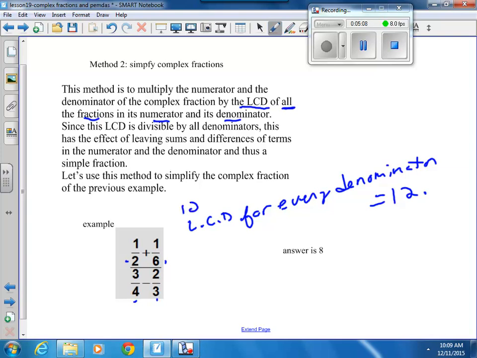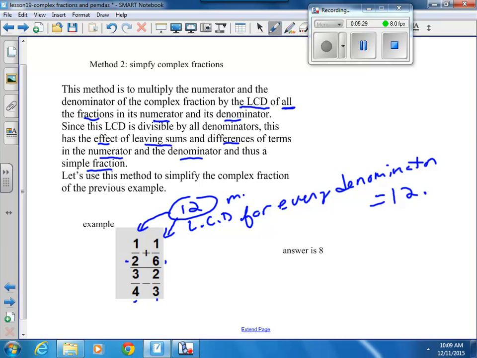So take that LCD of 12 and just follow my recipe here. Multiply 12 through to all the numerators of the problem. This has the effect of leaving sums and differences of terms in the numerator and the denominator, and thus a simple fraction. Let's just try this.